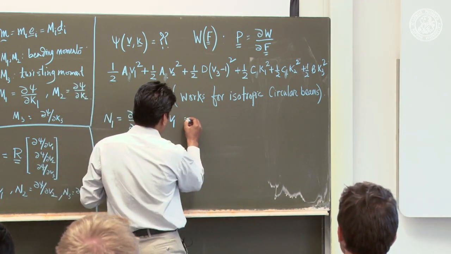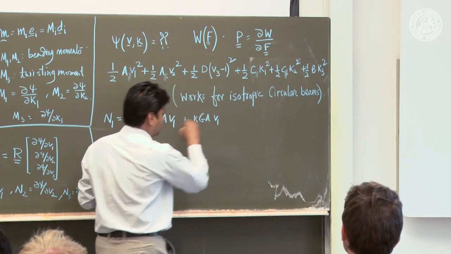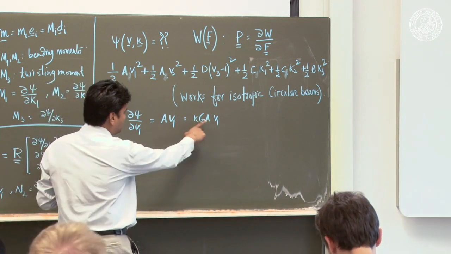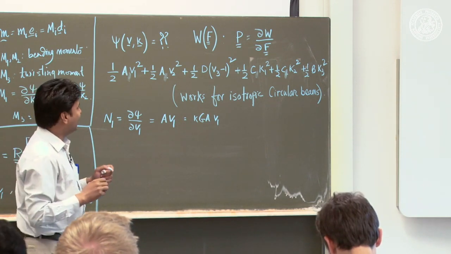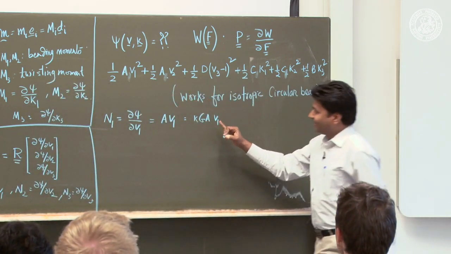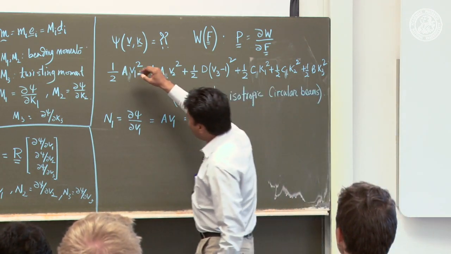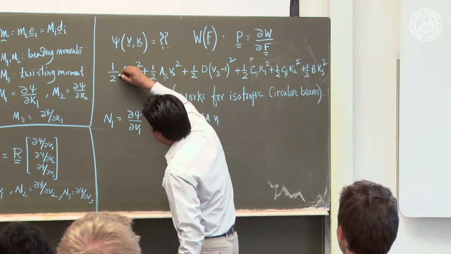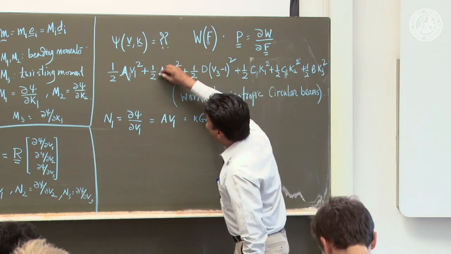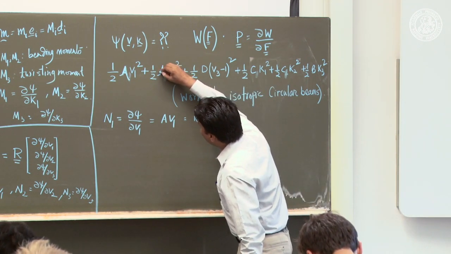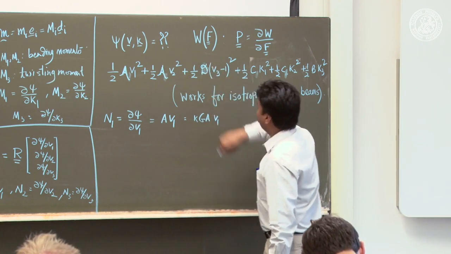So KGA times V1. Well, of course, now these two A's are confusing. So we can use a script symbol for this one.